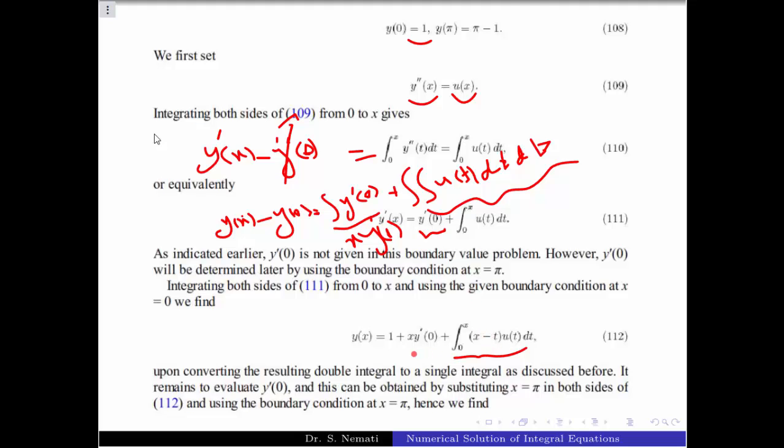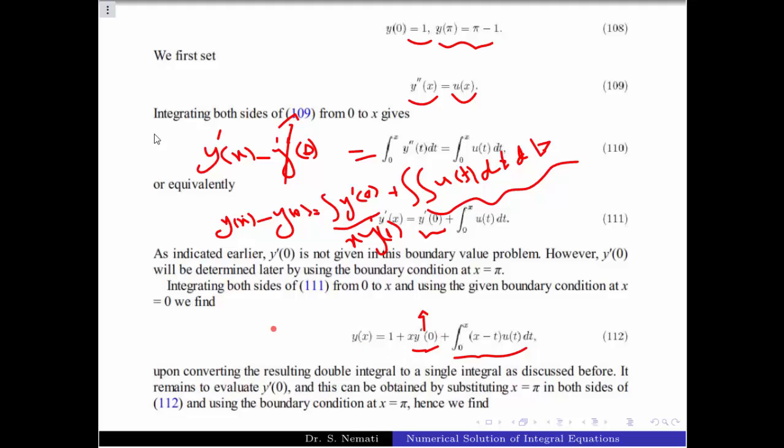Here we need this value, and for obtaining it, you know that you have the value of y at point pi. So you can use this value to obtain the value of y prime of 0.